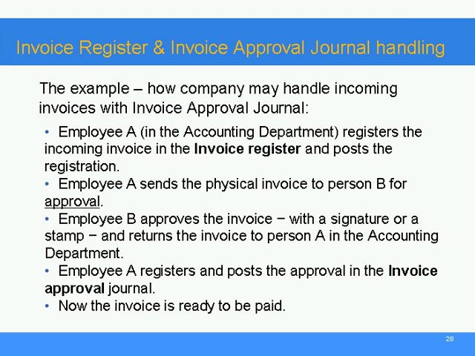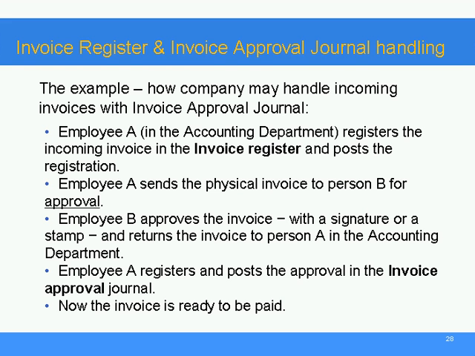So we have some situations and some ways how we can use our invoice journals. One of those situations: invoice register and invoice approval journal handling. This is an example of how a company may handle incoming invoices with the invoice approval journal. For example, employee A in the accounting department registers the incoming invoice in the invoice register and posts the registration.